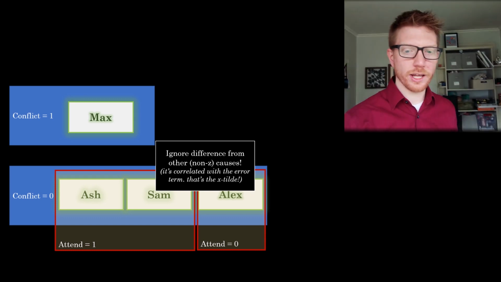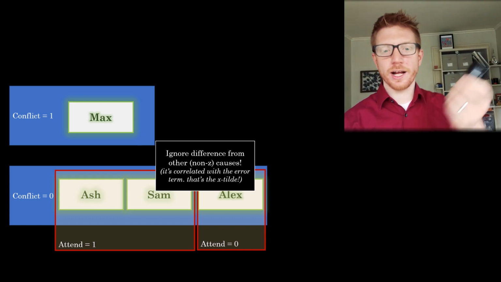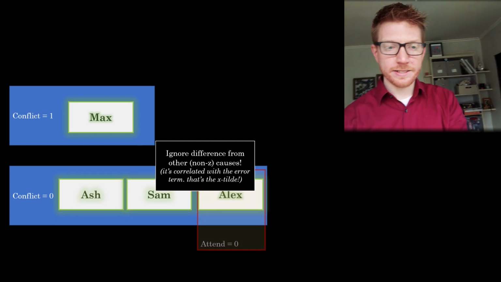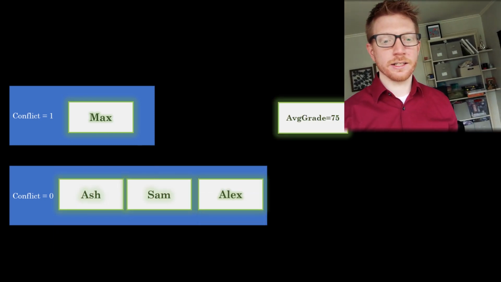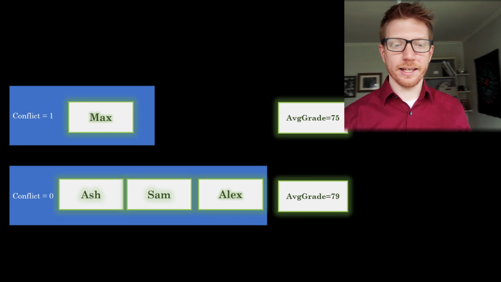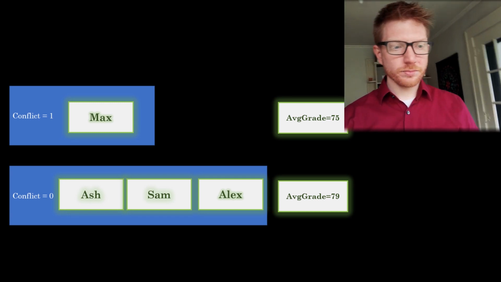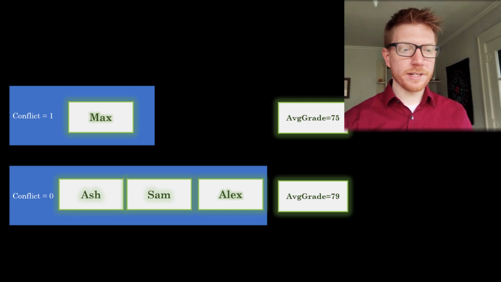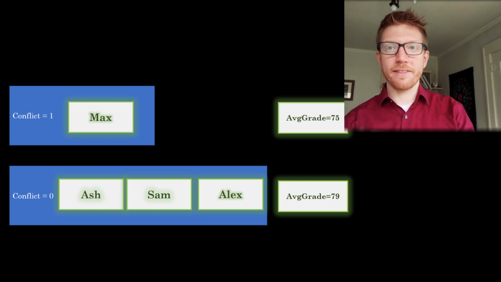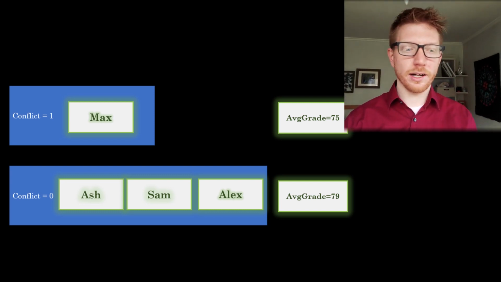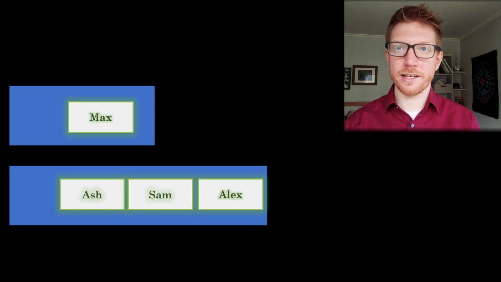So we could also look at the average grades for people who had a conflict, Max, with people who did not, Ash, Sam, and Alex. And then we can predict attend hat, the predicted value of the attendance.